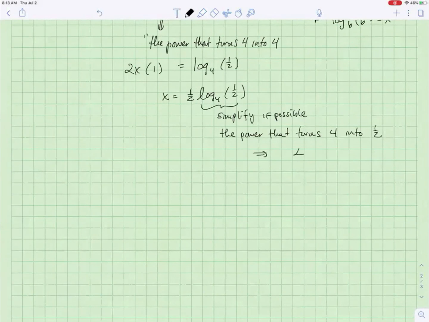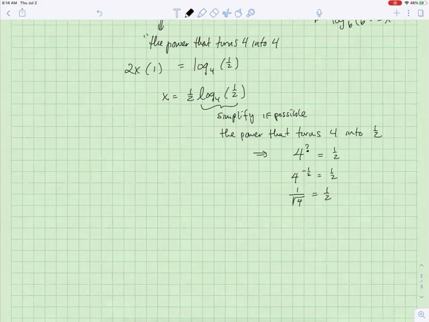So let's see, 4 to what power equals 1/2? Well, we would have to take its square root to get 2, and then we would have to take its reciprocal. If you want to solve this directly, you can rewrite both of these as powers of 2. But what we have here is 4 to the negative 1/2 equals 1/2, as this is 1 over the square root of 4, which is 1/2.